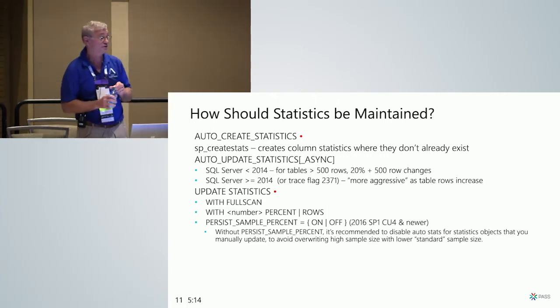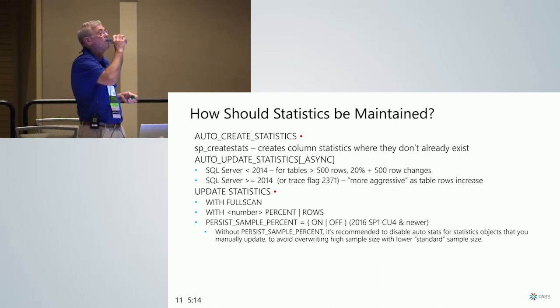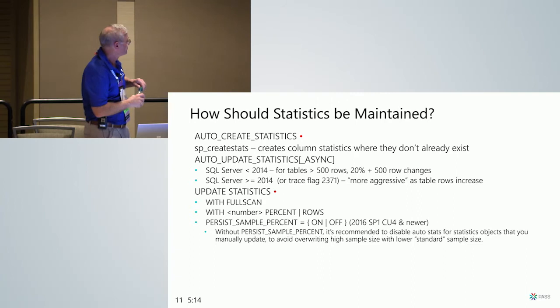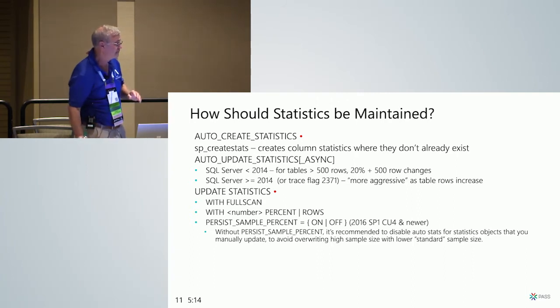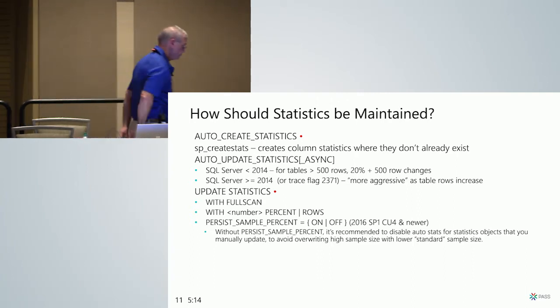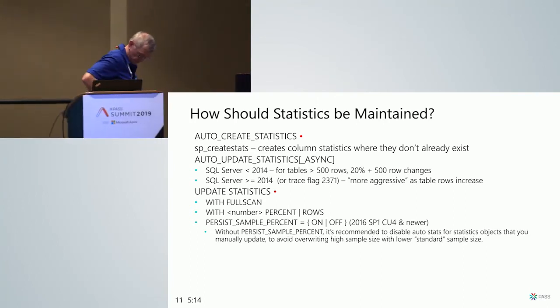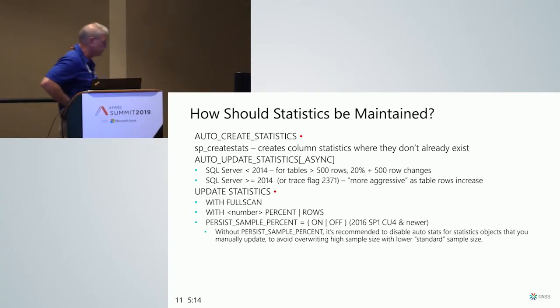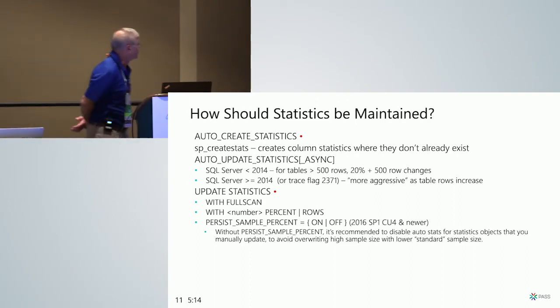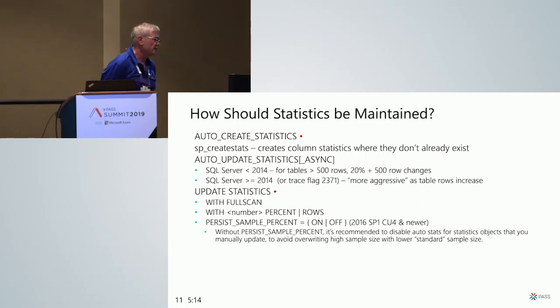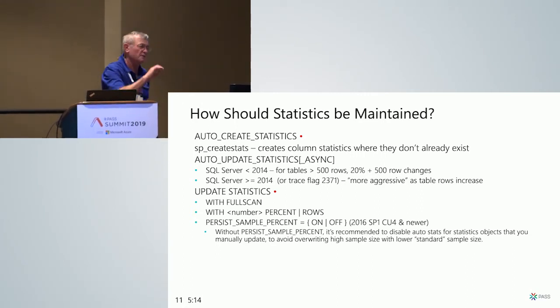Any other questions? Yes. With the persist sample percent, the next time even the system update runs, shouldn't it use the same persist value, or will it override that with its own? So the question is whether the next time the automatic update occurs it uses the persisted value.